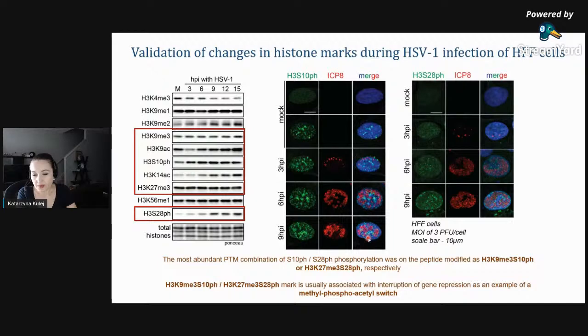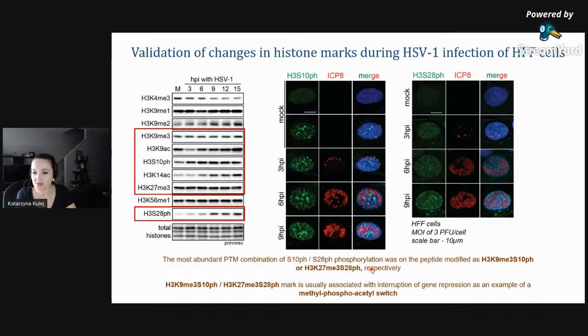But what was most striking here is that besides the increase of single marks, the peptides which were highly increasing in abundance were carrying phosphorylations and repressive marks: H3K9 trimethyl S10 phospho and H3K27 trimethyl S28 phospho.